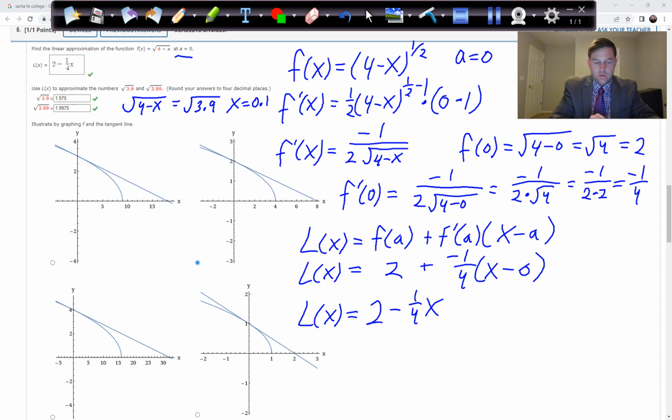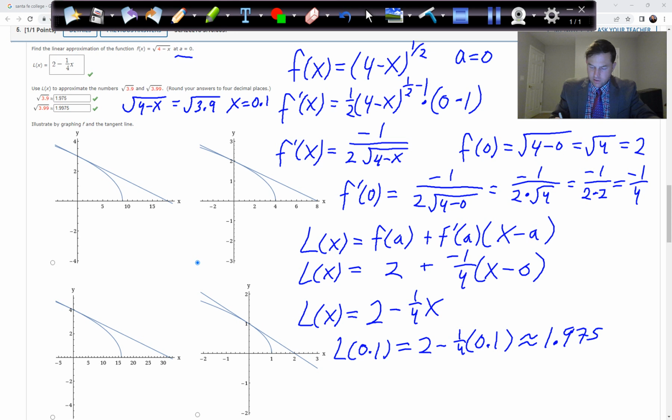So just subtract 1/10 from 4 and you'll get 3.9. So let's calculate the linearization when x is 0.1. It would equal 2 minus 1/4 of 0.1. And if you do that, you get 1.975. No rounding needed.